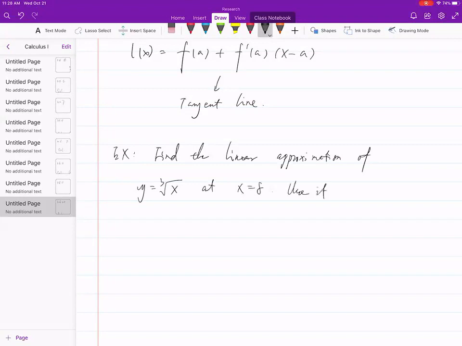When you finish, use it to approximate the cube root of 8.1, the cube root of 12, the cube root of 28.